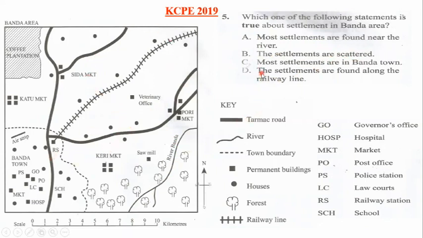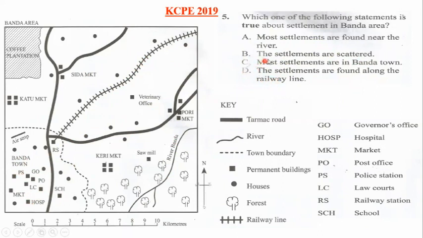Let's see another one. Most settlements are in Banda town. Then we have the settlements found along the railway. There are very few people along the railway. So already by elimination, A and D are wrong.